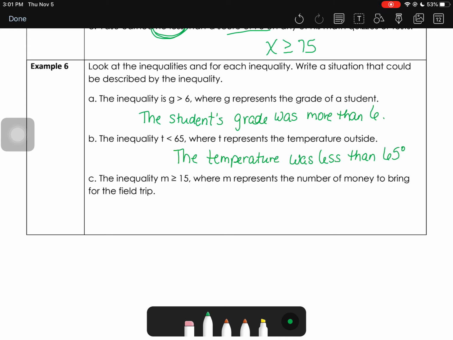The inequality M is greater than or equal to 15, where M represents the amount of money to bring for the field trip. The student must bring at least $15 on the field trip.